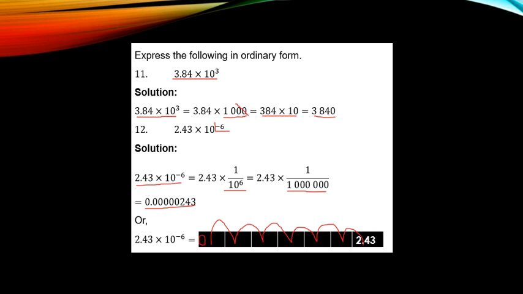So when you count, you have 1, 2, 3, 4, 5, 6. So it's either you divide it or you move it backward according to the power you have. Moving backward means the power is negative. If the power is positive, then you move forward. So this is how we express numbers in standard form and ordinary form.